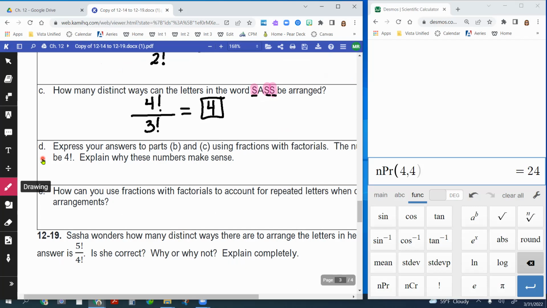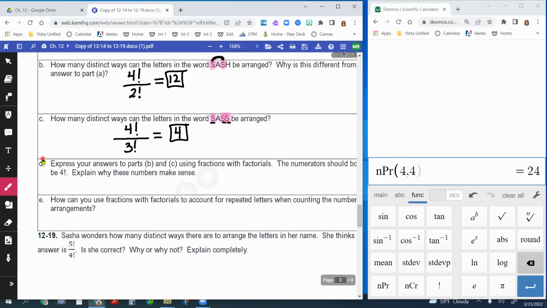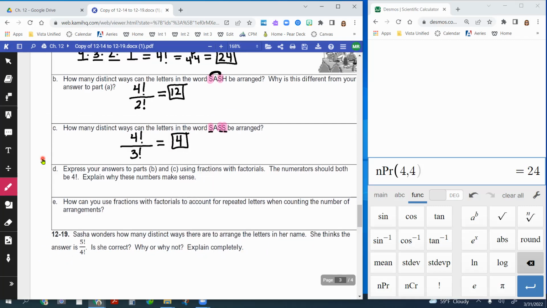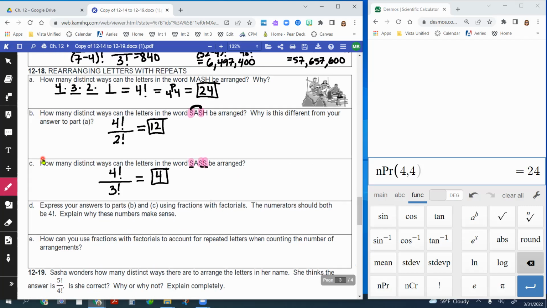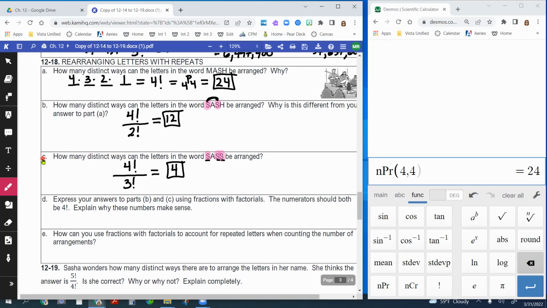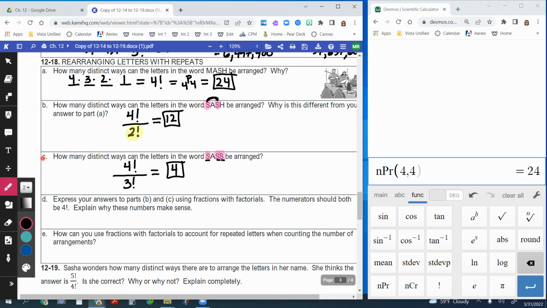On D, express your answers to part B and C using fractions with factorials, then numerators should both be factorial. Explain why these numbers make sense. So again, I've already done that up here. They probably wanted you to list out the different ways you can get that to happen, like list them physically out. But what's happening is this 2 is all the ways that I can arrange the 2 S's.